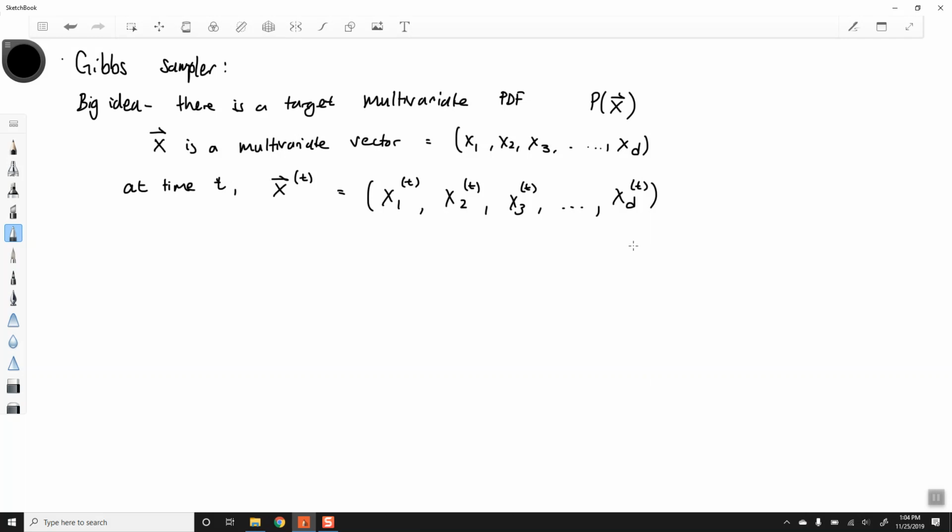To produce the next draw, the vector x at time t plus 1, we will draw from the univariate conditional distributions.